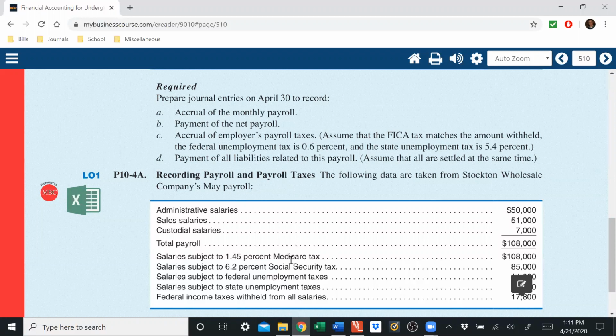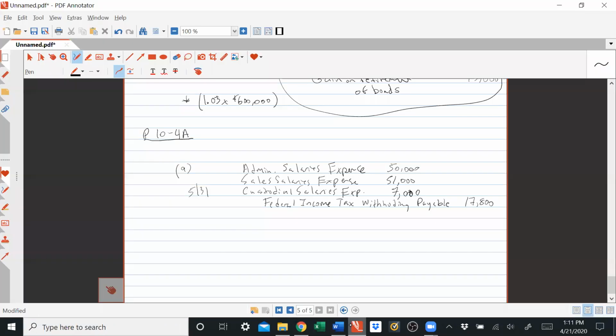And after it was passed, the federal government started collecting these taxes. And they used this money from employers to fund Medicare and Social Security. So it's just called FICA.